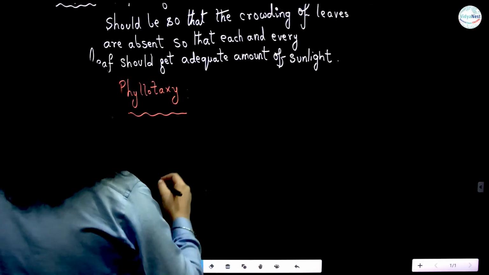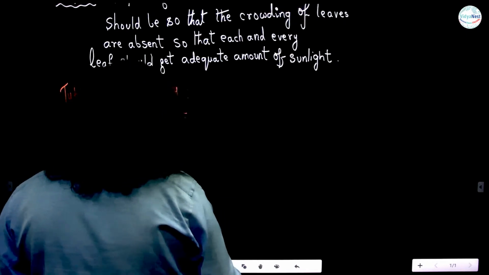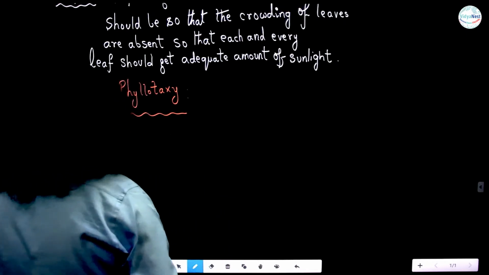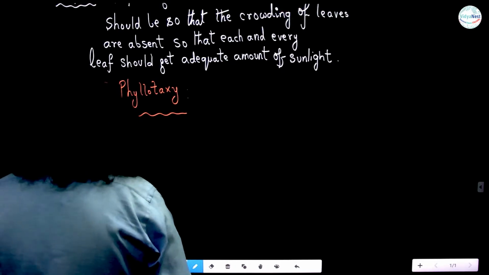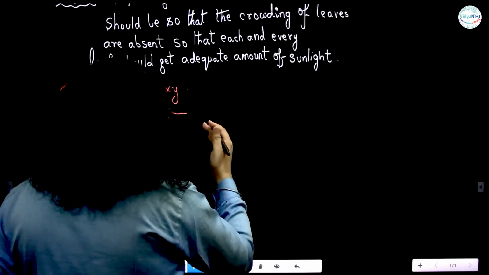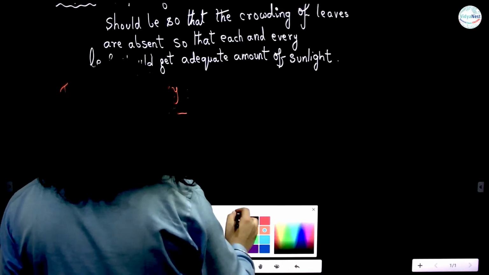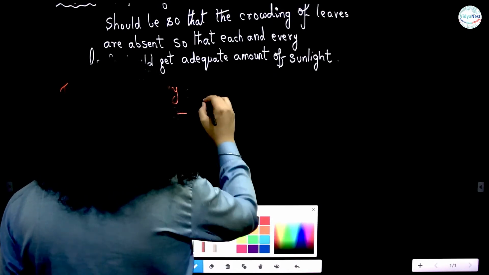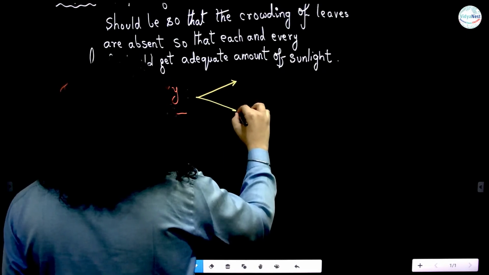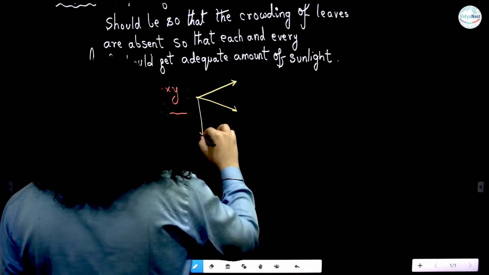Here in our syllabus we have three different types of phyllotaxy: alternate, opposite and whorled. So let us take them up one by one: alternate, opposite, whorled.